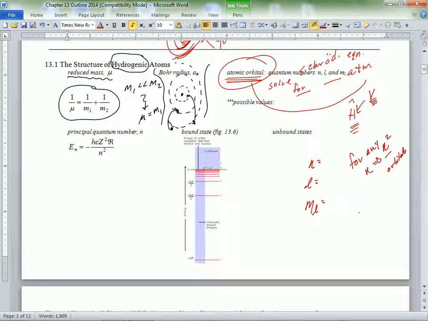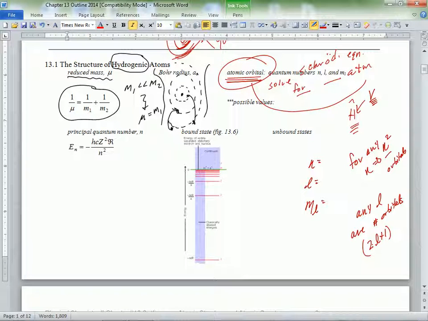How about for any L, how many orbitals are there? M sub L goes from negative L to L. Just add them all up, and you always end up with 2L plus 1.